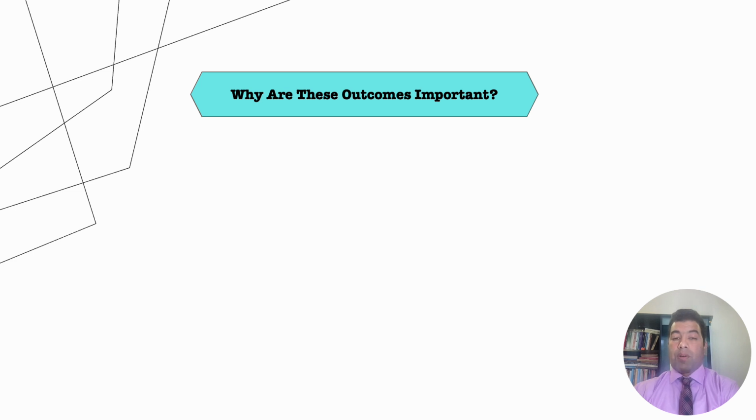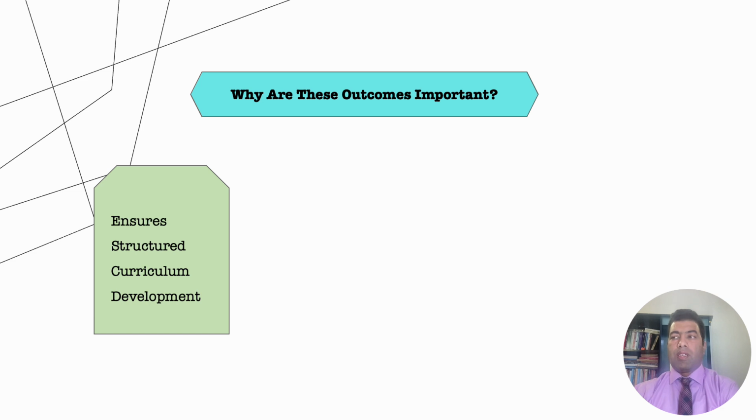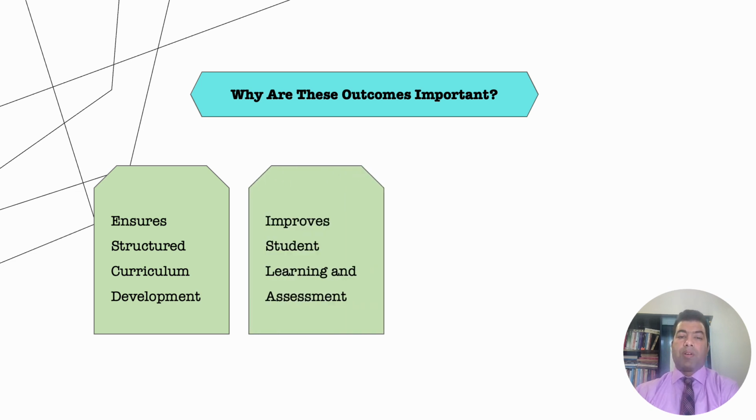Why are these outcomes important? Everything has its value, so why do we develop these outcomes? Course learning outcomes, program learning outcomes, or knowledge learning outcomes ensure structured curriculum development. The first important thing is that to develop any curriculum, these outcomes are important.